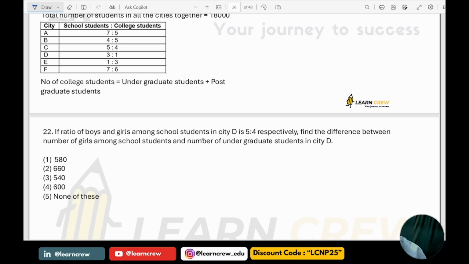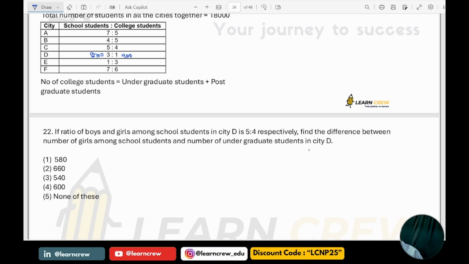Already we calculated. In city D, total students are 3600, and 4 parts are 3600. So 3 parts are 2700. So this is 2700. Okay, so this is 900.